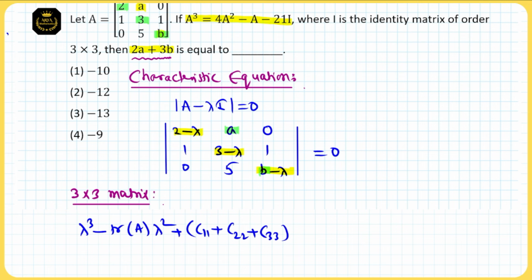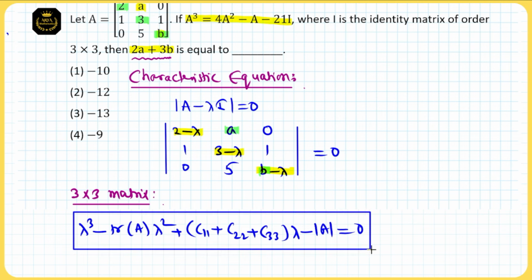These are the terms on the principal diagonal. This multiplied by lambda, minus determinant of A equals 0. Now this is one very important formula that you can remember. If you know this formula, you can save a lot of time during the exam.